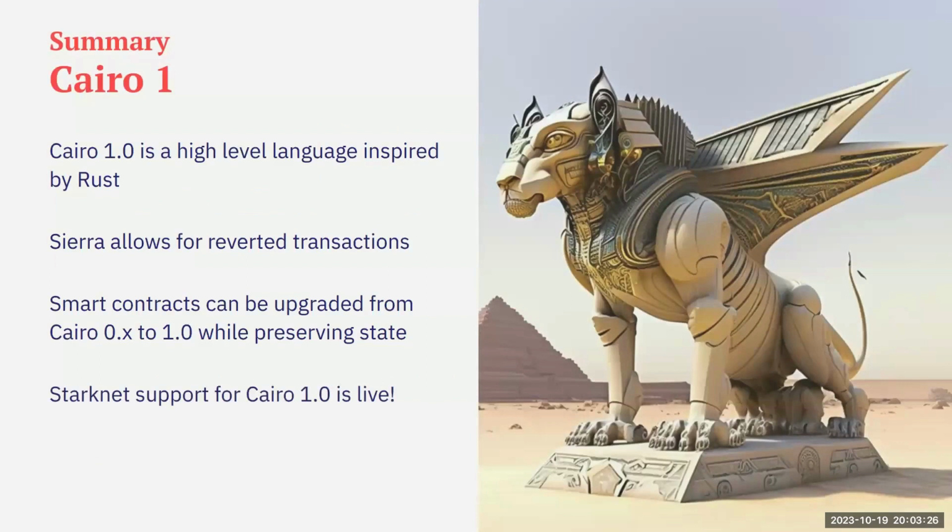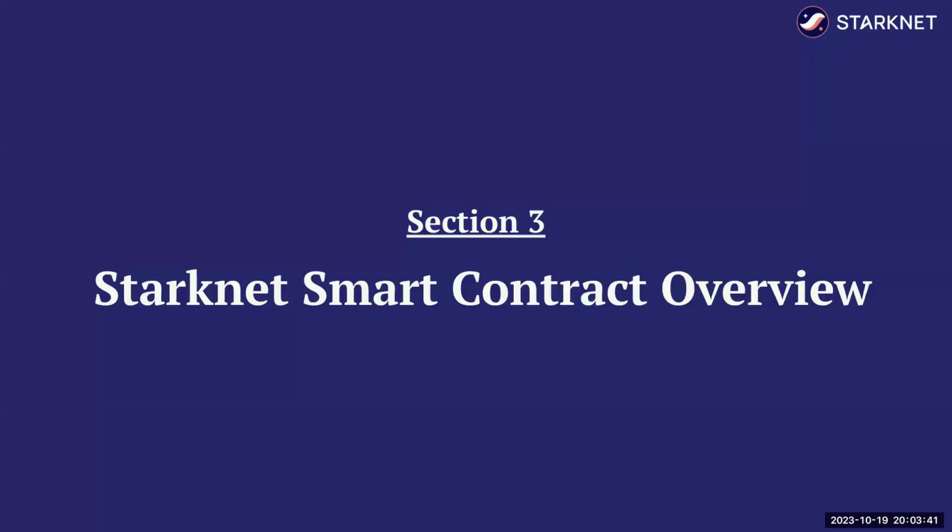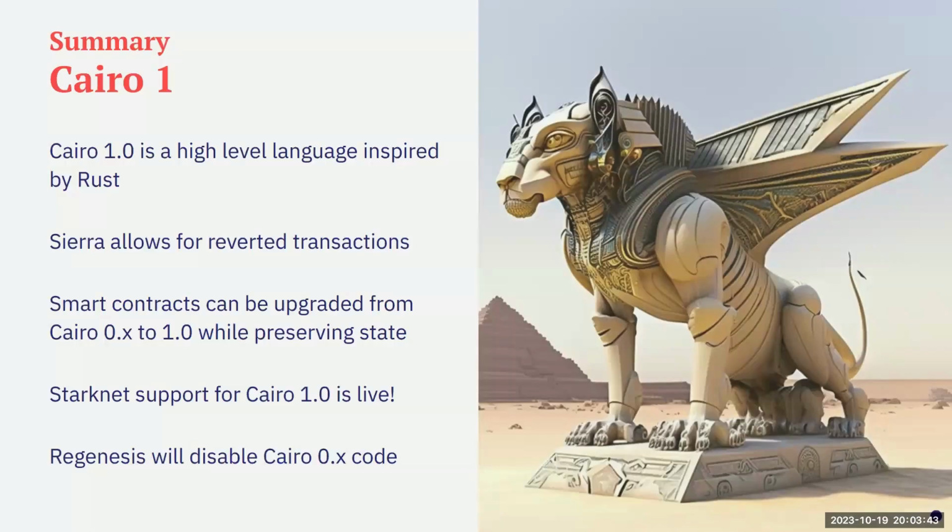So, a summary on Cairo. Cairo is Rust inspired. You have Sierra, which allows for reverted transactions, and then we have Cairo One contracts on mainnet already. The idea of regenesis is this: I don't know if you are aware, but Cairo Zero is very different from the current syntax we have now.